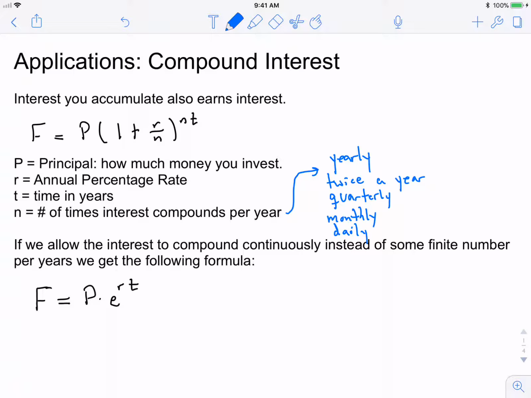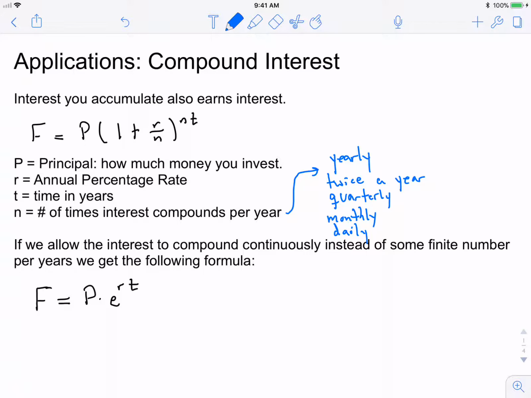And since we allow ourselves to think about compounding interest faster and faster and faster, where we get interest every single day, the question arises, what if we took this to the extreme and we started accumulating interest continuously? The interest builds and builds and builds hundreds of times every second. We might think that our money should grow to infinity very, very quickly, but this doesn't turn out to be the case.